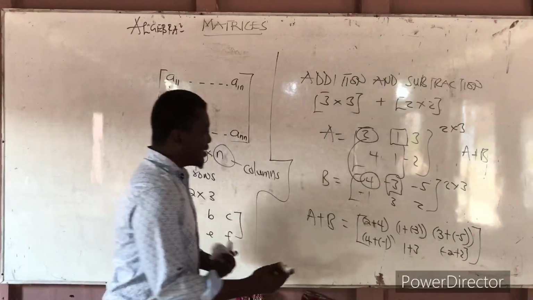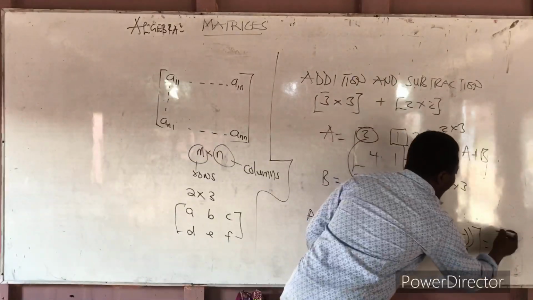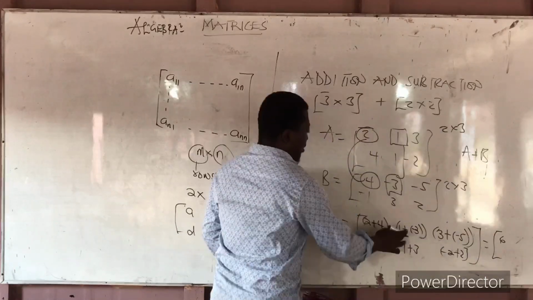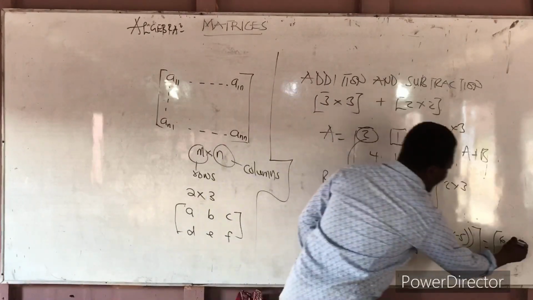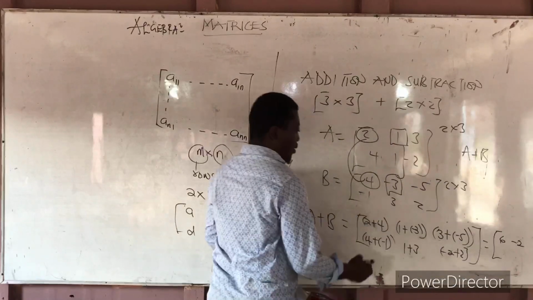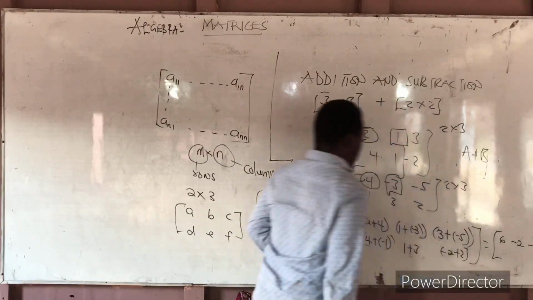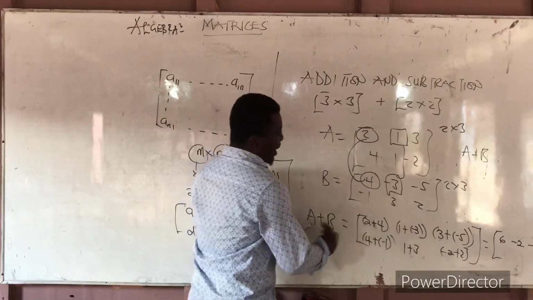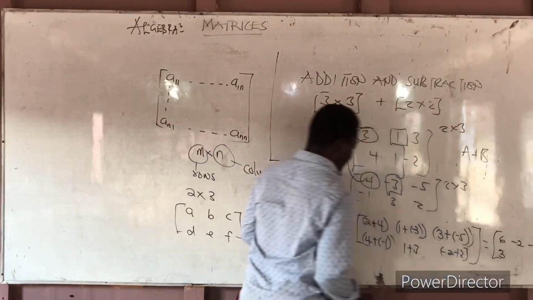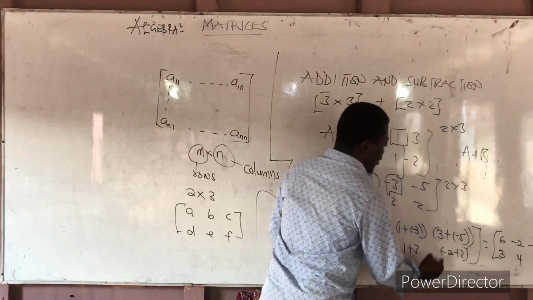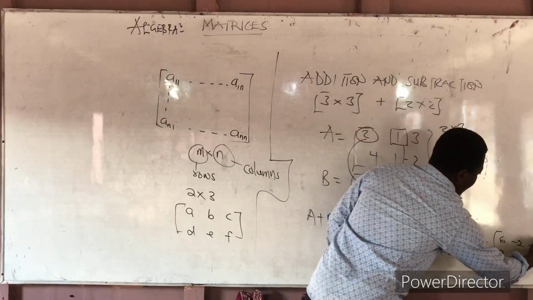So after the addition, what is 2 plus 4? That's a 6. 1 plus negative 3 is negative 2. 3 plus negative 5 is also negative 2. And 4 plus negative 1 is 3. 1 plus 3 is 4. Negative 2 plus 2 is 0.